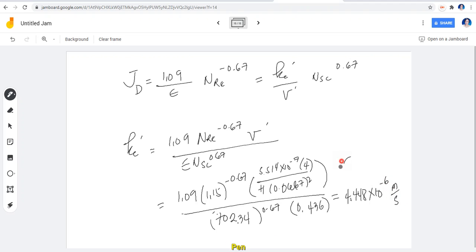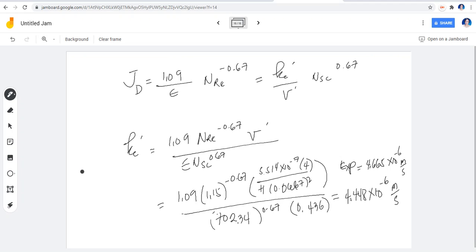The experimental value that is stated in the problem, which we need to compare this one with, is 4.665 times 10 raised to negative 6 meters per second. So the value does not really change that much. It's still pretty much the same. Okay, this is our answer for the K sub C.